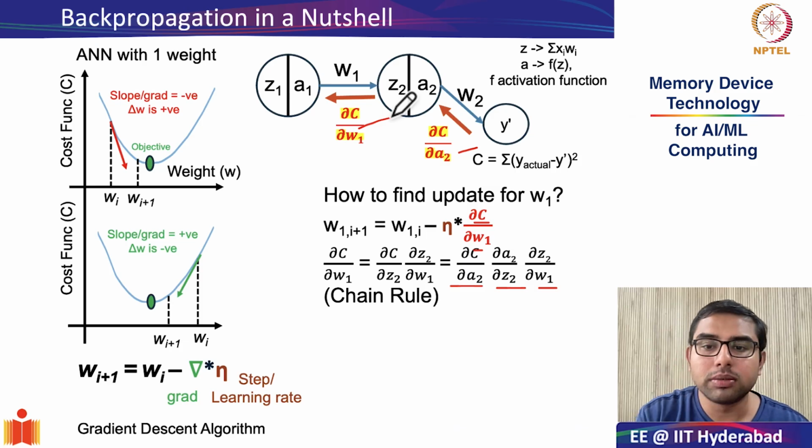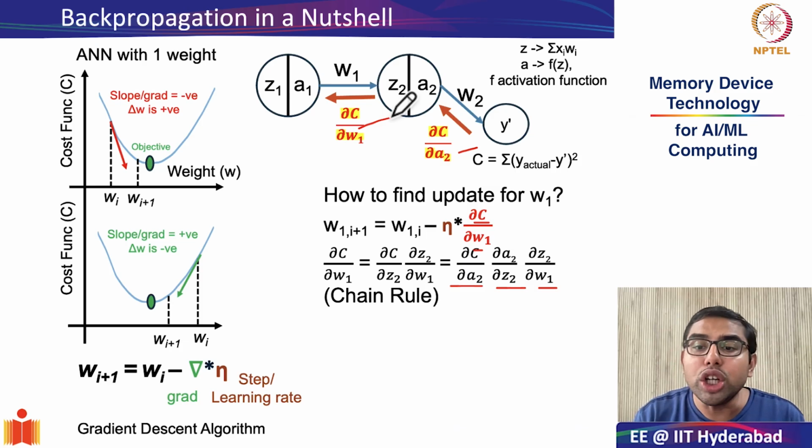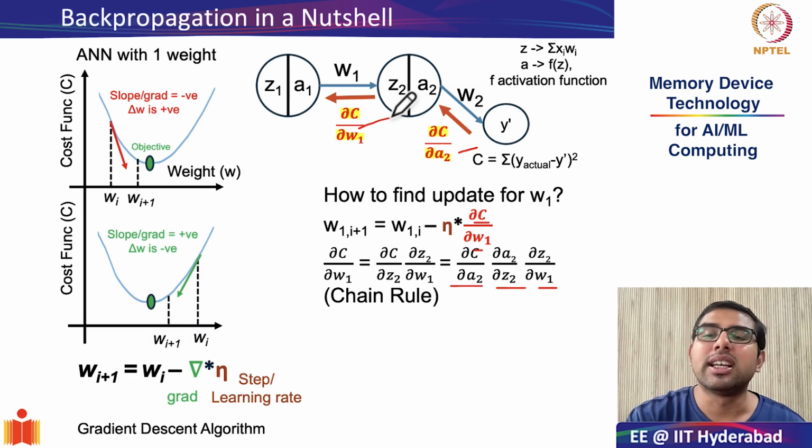So first, we have to look at the cost to A2, ∂C/∂A2. Next, we have to look at A2 and then from A2 to earlier quantities, and finally we move back to W1.